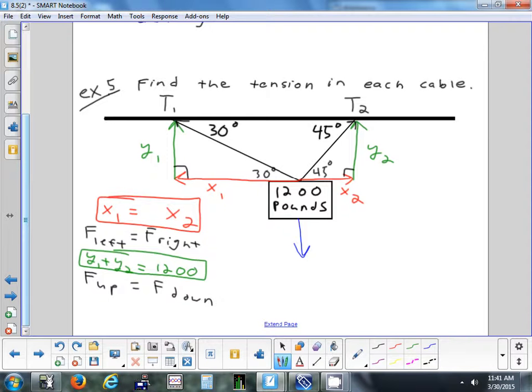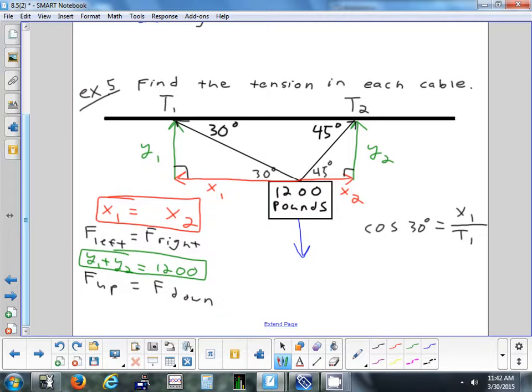Okay, let's start with the triangle that has x1 and y1. Okay, Augustine, which trig function could I use that would involve the 30 degrees, x1, and my hypotenuse, T1? Cosine? Yeah, cosine. So the cosine of 30 degrees equals the side adjacent, which is x1, over the hypotenuse, which is T1.